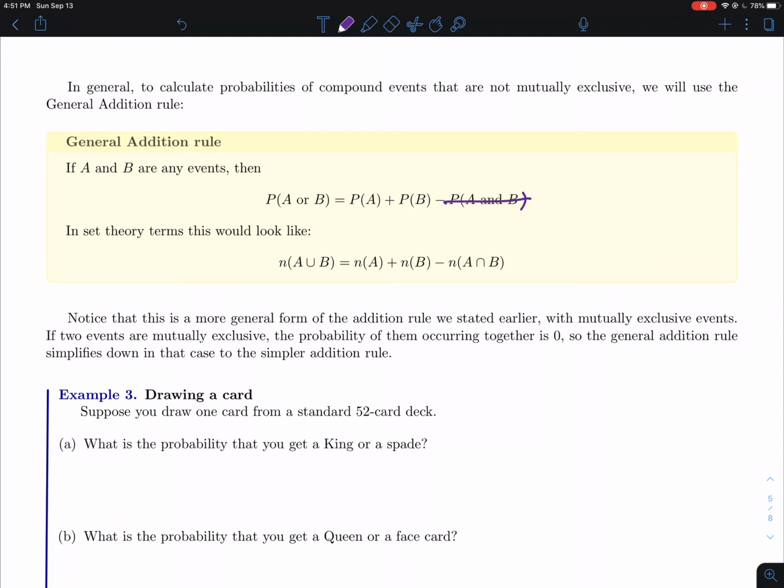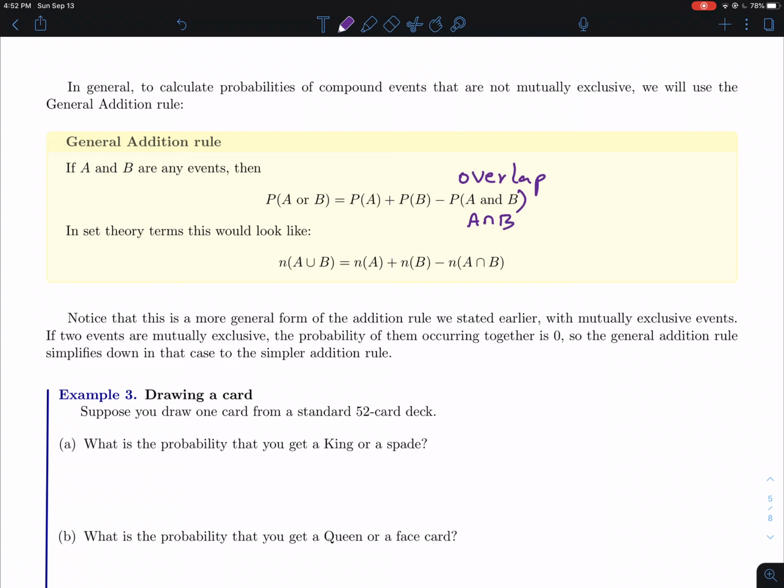We'd end up with just P of A plus P of B. So this general rule works for either situation, whether it's disjoint or not disjoint. So the probability of A or B is the probability of A plus the probability of B minus the overlap, where A intersects B.